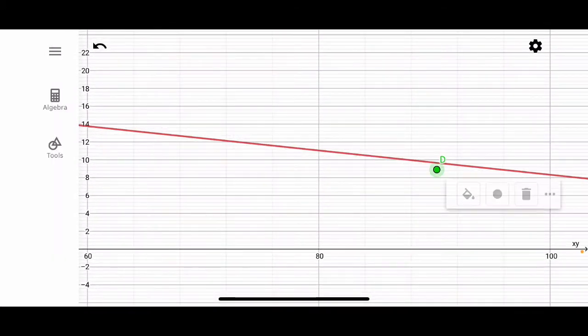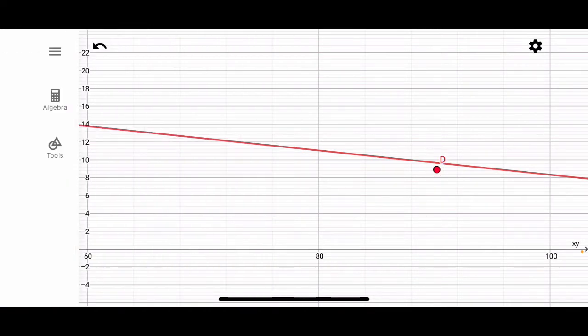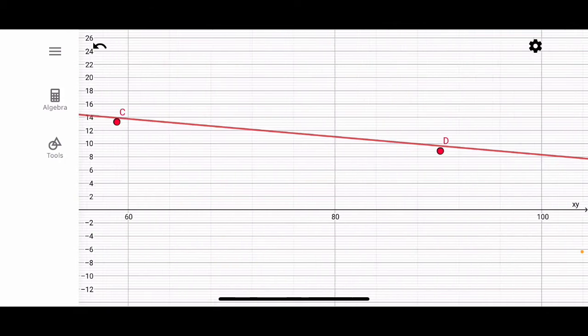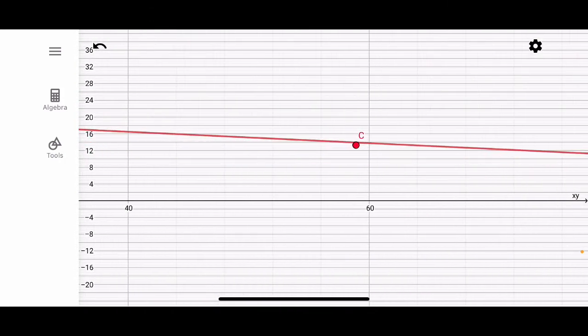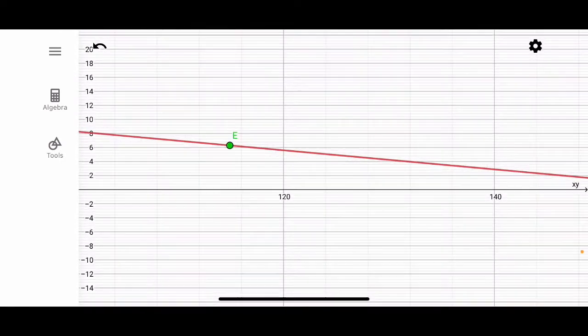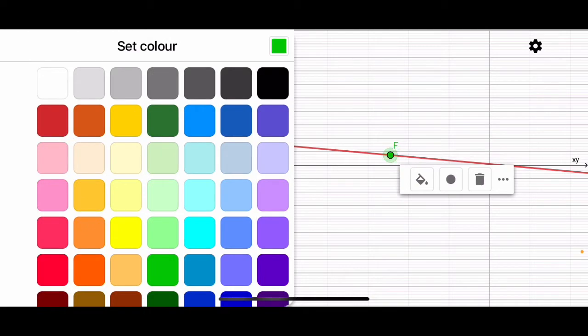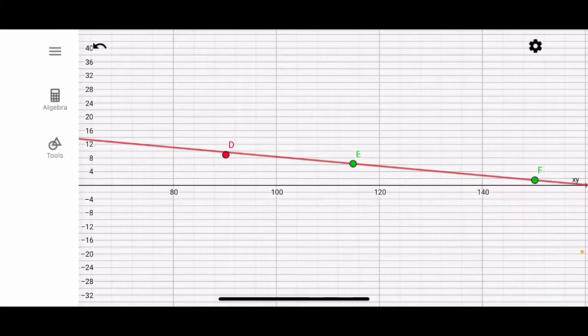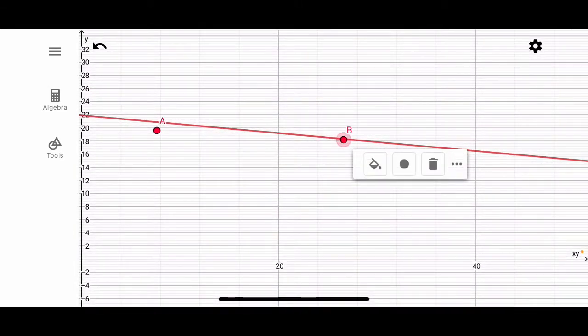And then this point also out. Okay, we use a red color. And then this point E is exactly on the line. Yeah, it's on the line. F is exactly on the line. So we have 2 points on the line. This point is on the line also.